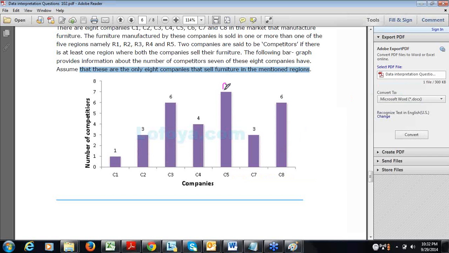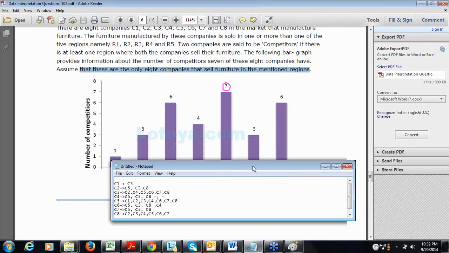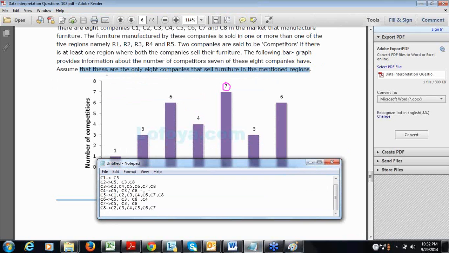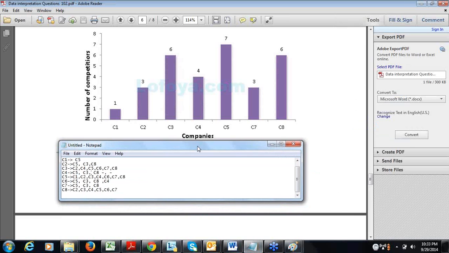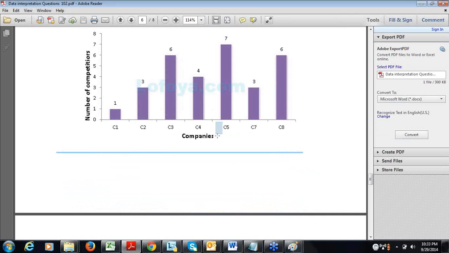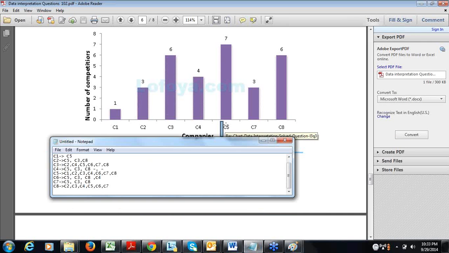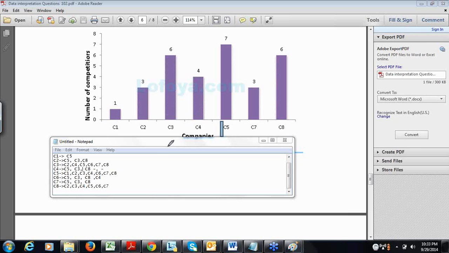See, C5 has 7 competitors. That means C5 has all of these as competitors: C1, C2, C3, C4, C6, C7 and C8.